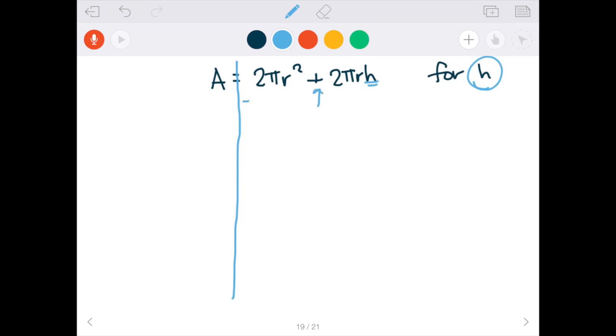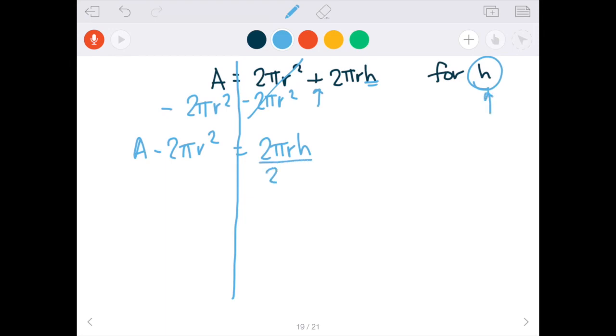Since I've got this plus sign, the first thing I'm going to do is subtract this whole term. 2 pi r squared minus 2 pi r squared cancels out. Now, for here, these are not like terms, so I'm going to have to write it like this. All right. Now, to isolate the h, I need to divide by 2 pi r.